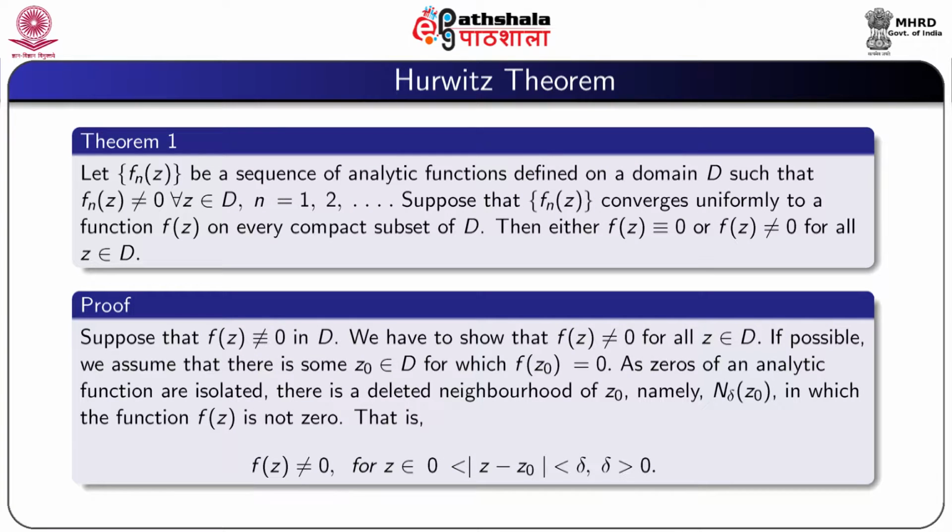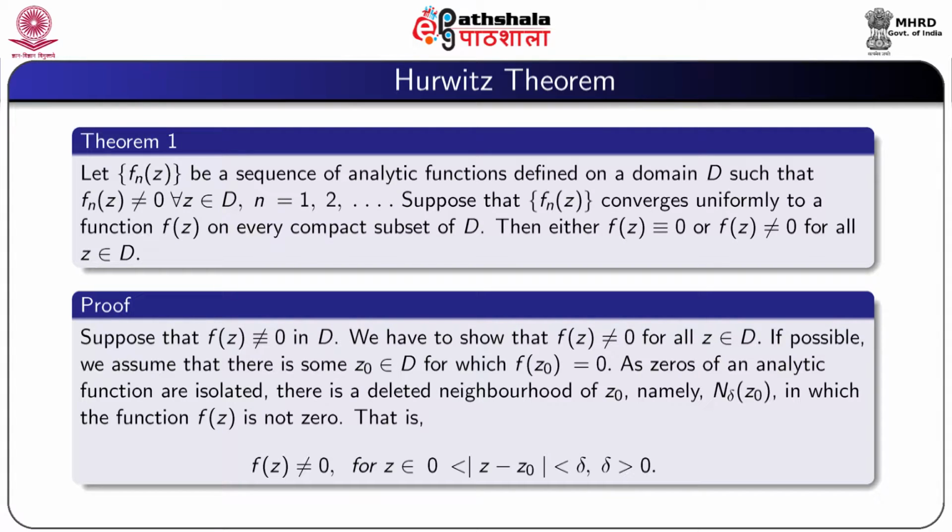So, proof: suppose that f(z) is not identically 0 in D. We have to show that f(z) not equal to 0 for all z in D. If possible, we assume that there is some z0 belongs to D for which f(z0) equal to 0.